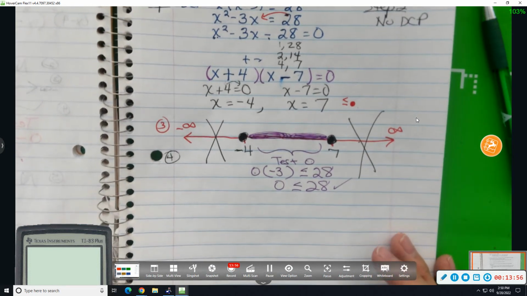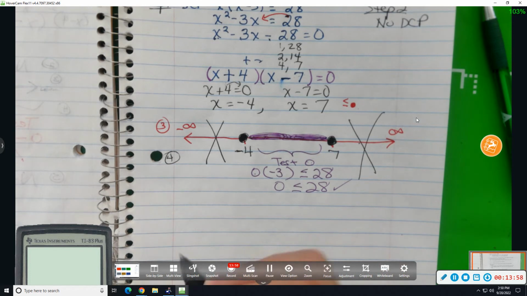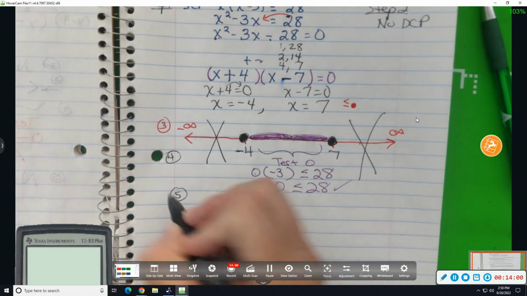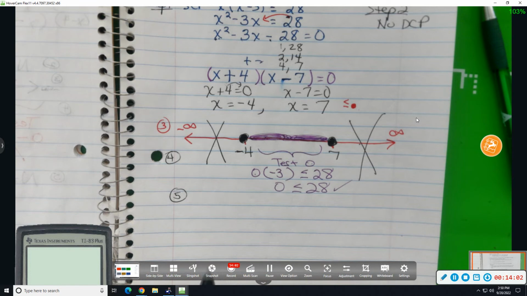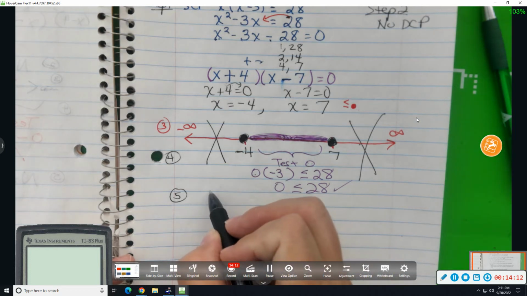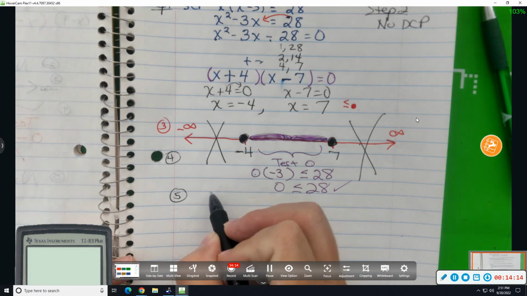So, fifth and final step, express the shaded interval using interval notation. Are you going to have to use a union symbol here? No, there's only one answer, one interval. Parentheses or brackets. Call it out as if you were typing it in. What would you type first? Bracket.